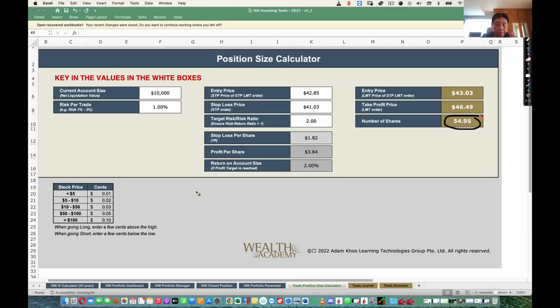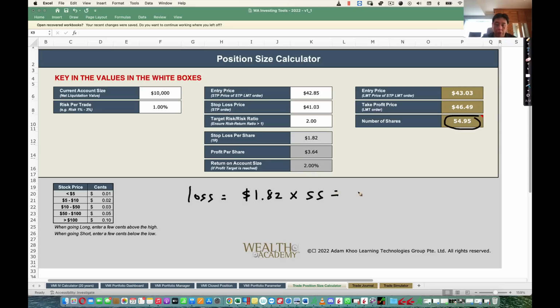Because if you buy 55 shares and it's a losing trade, what happens? You lose $1.82, right? Because your 1R risk is $1.82, and so you lose $1.82 per share times 55 shares. What's that?